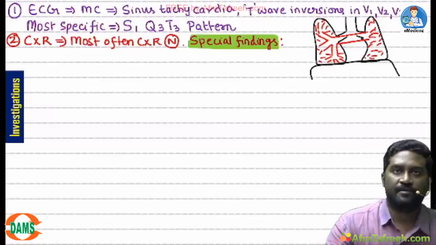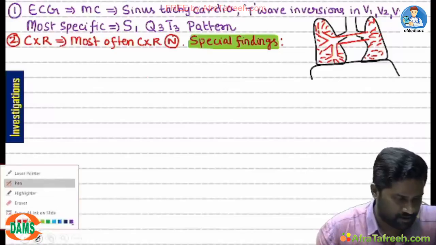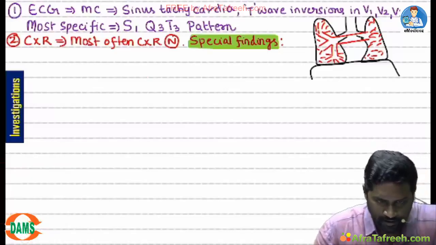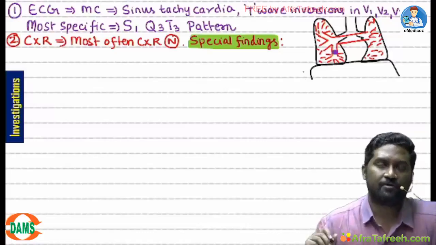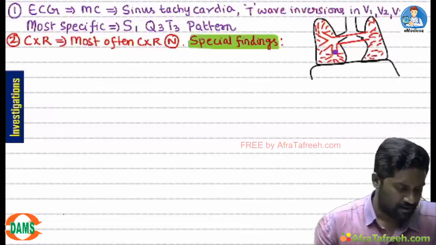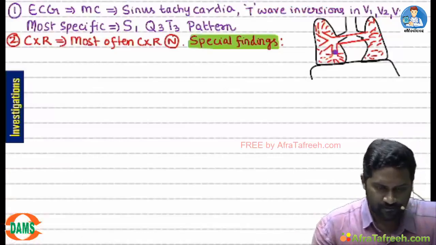Now suppose there is a thrombus in the pulmonary artery. For example, let there be a thrombus here. So whenever there is a thrombus, distal to that thrombus, the blood flow will stop because that vessel is obstructed. So this vasculature will disappear.